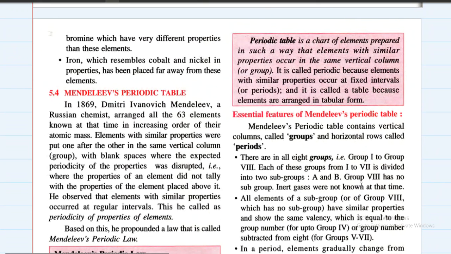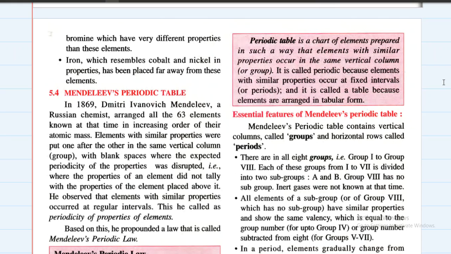Periodic table is a chart of elements prepared in such a way that elements with similar properties occur in the same vertical column or group. It is called periodic because elements with similar properties occur at fixed intervals or periods, and it is called a table because elements are arranged in tabular form.